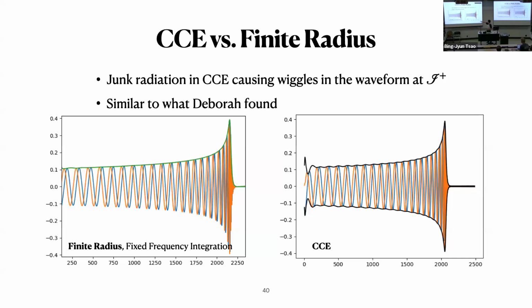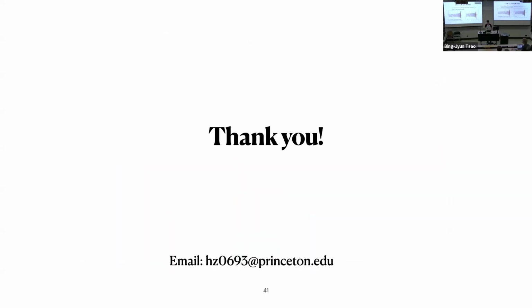But in our CCE run, we see these wiggles almost all the way up to the time of merger. So maybe adjusting the time window, the padding time for doing the frame alignment, would mitigate much of these unwanted oscillations. So with that, I'll conclude the talk and take any questions.